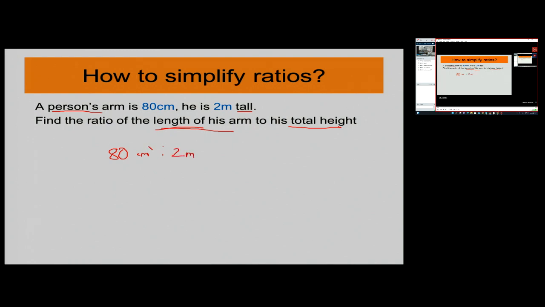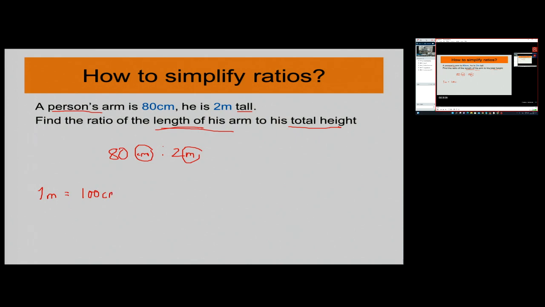Now, as you can see, this is centimeters, and this is meters. We cannot simplify it if they don't have the same unit. So how many centimeters in 1 meter? 100 centimeters.